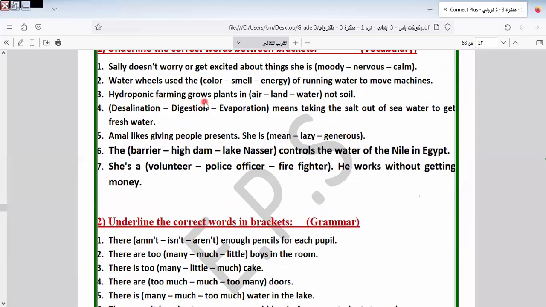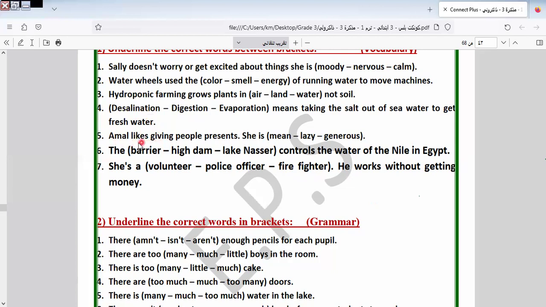Hydroponic farming grows plants not in soil, not in the land. Distillation means taking the salt out of water to get fresh water. This is called distillation.